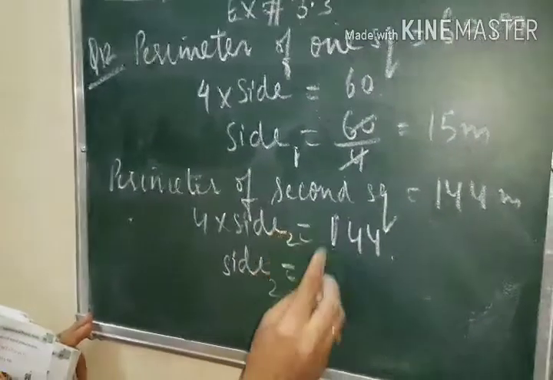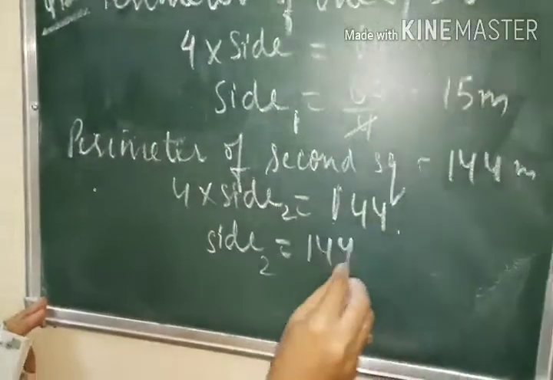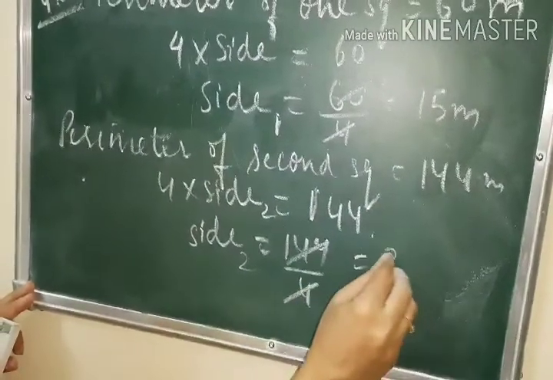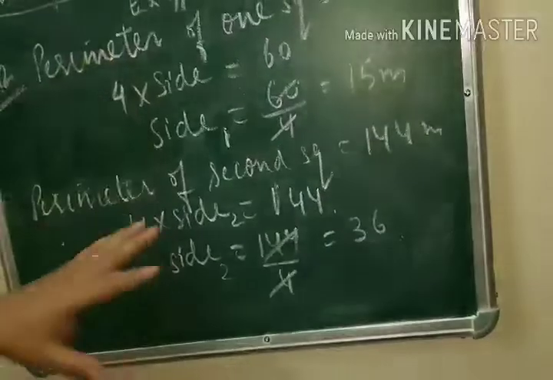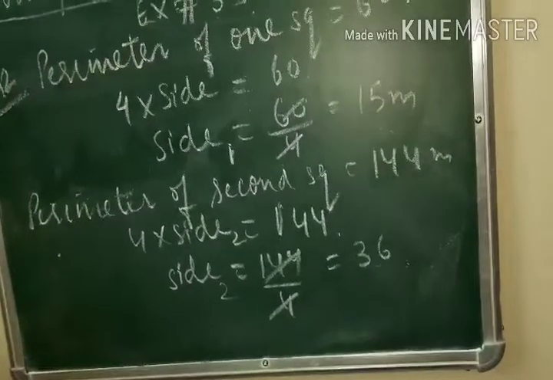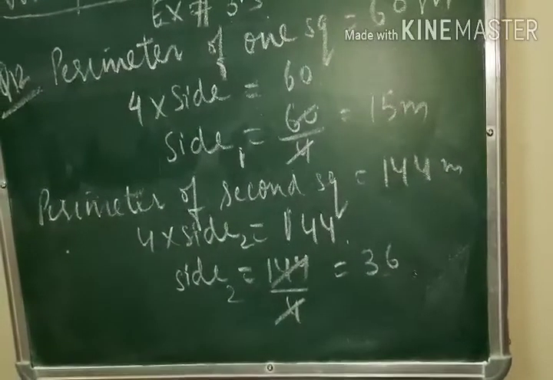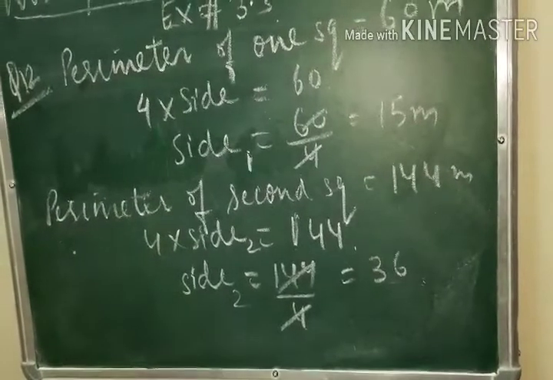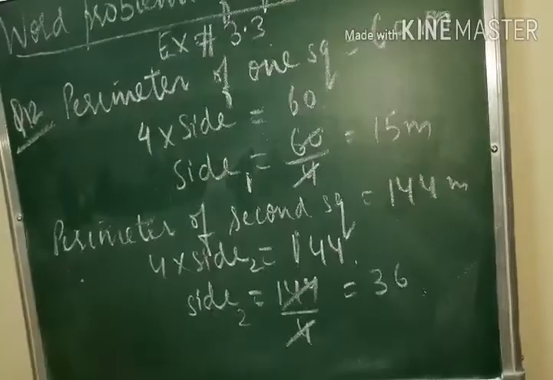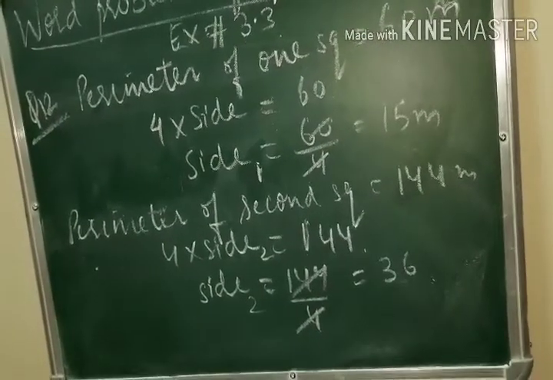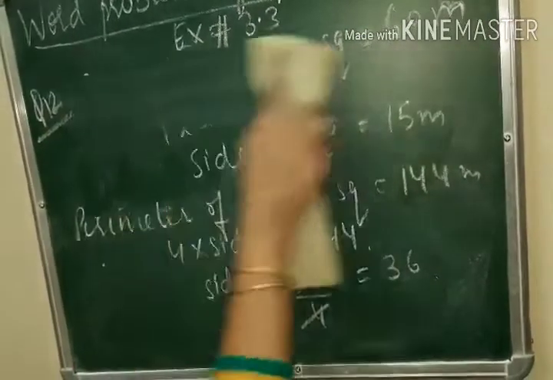So side 2 or side of the square 2 is 144 by 4, 36. Right? Now as two perimeters were given, we have found the side of both the squares. Now it is given in the question, find the perimeter of another square equal in area to the sum of first two squares. Read the question carefully and accordingly we will frame the equation.